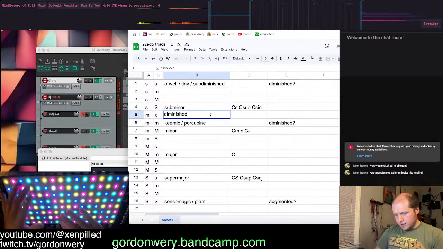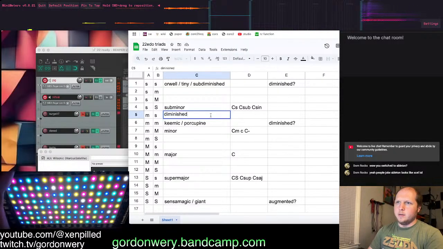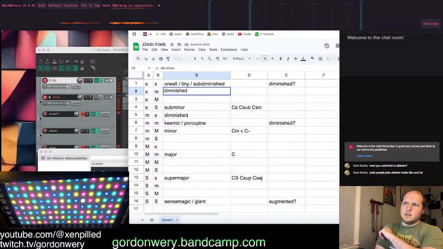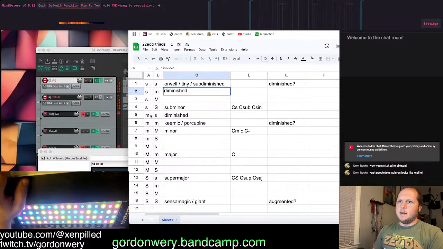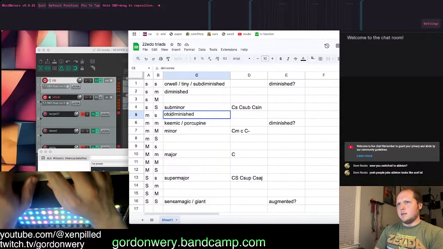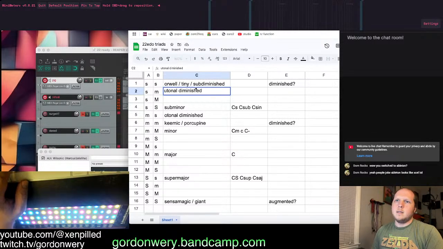Let's do it here. So if you did subminor minor, that sounds diminished too. So to me, those are both diminished. And I honestly think the subminor minor sounds more diminished. But the minor subminor follows the overtone series. It's like 5, 6, 7 basically. So this is otonal, and then this is literally the opposite direction. This is like 7, 6, 5 or whatever. So this is utonal.